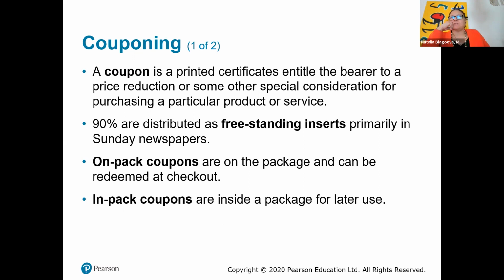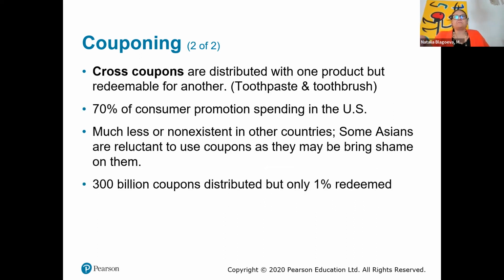So far, the practice has been that 90% of such coupons are distributed through inserts in Sunday newspapers, but I think this is changing, and we're seeing more and more digital ways for distributing coupons. You also have on-pack coupons, which are on the package, and you can redeem them at checkout, or in-pack coupons, which you can redeem after you have used the product.